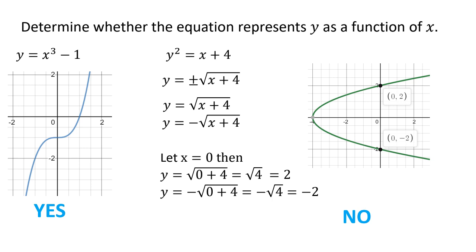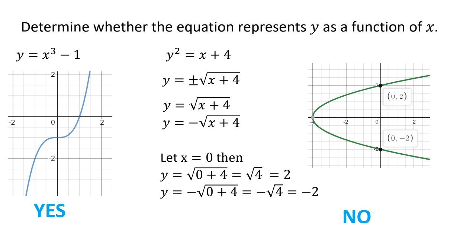As an example, when my x value is 0, sometimes I would have a positive 2, and sometimes I'm going to get a negative 2. That cannot happen. I cannot have two values for an input. Again, the definition of a function is that for every input, meaning every x value, it corresponds to only one y value.